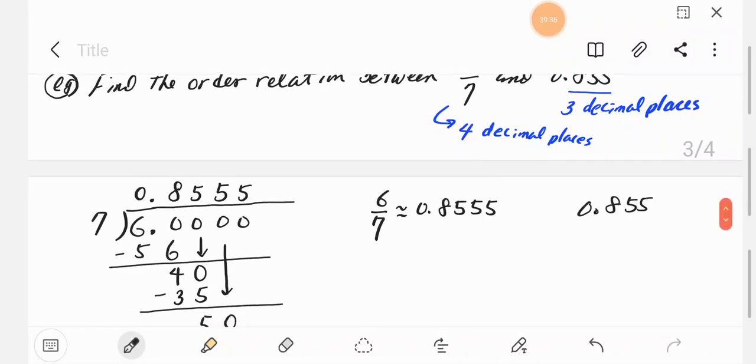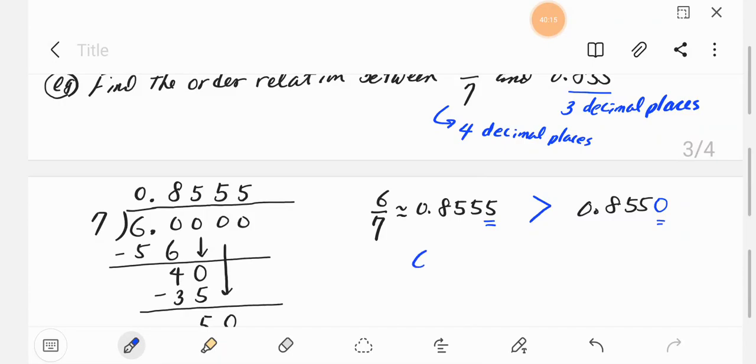0.855. So which one is larger? You can put 0 on the 4th decimal place, right? So as you see, this is greater than 0, right? 0.855, the 4th place, 10,000 place value, is greater than, this one, 5 is greater than 0, so 6/7 is greater, right?